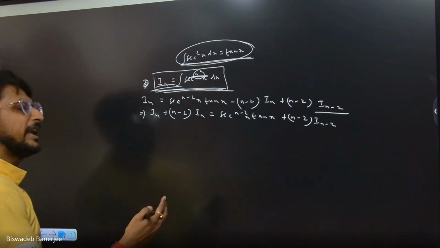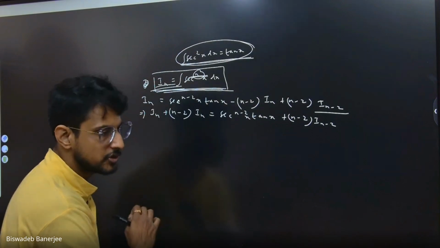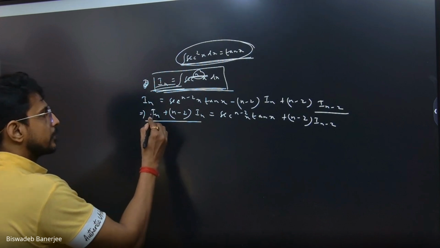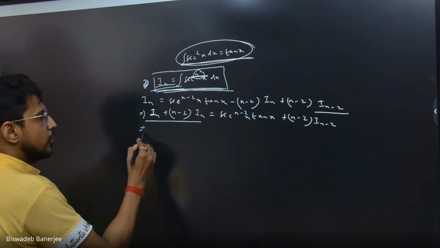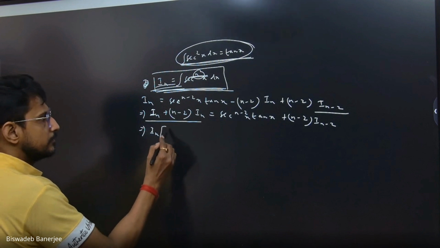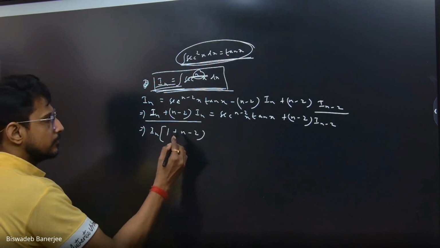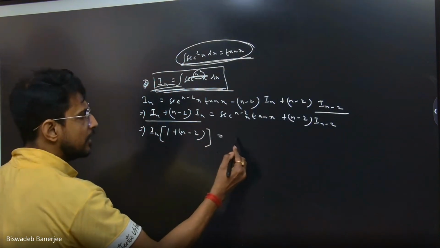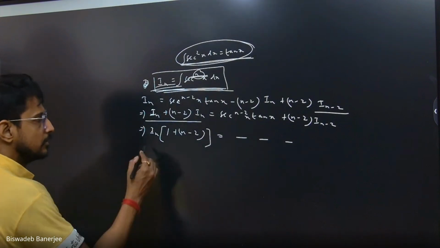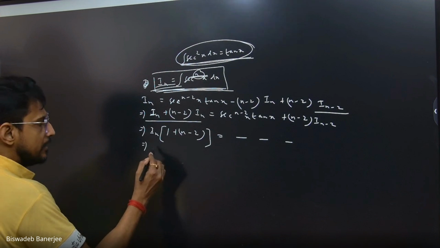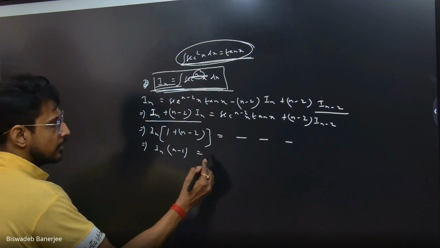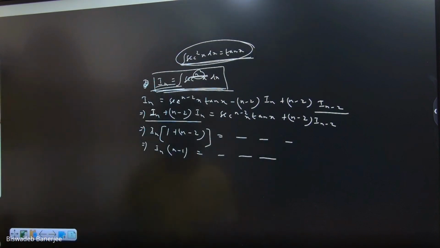Now, just like the first question, first reduction, take In common. The right hand side remains as it is. And this is simply n minus 1. The right hand side remains as it is.